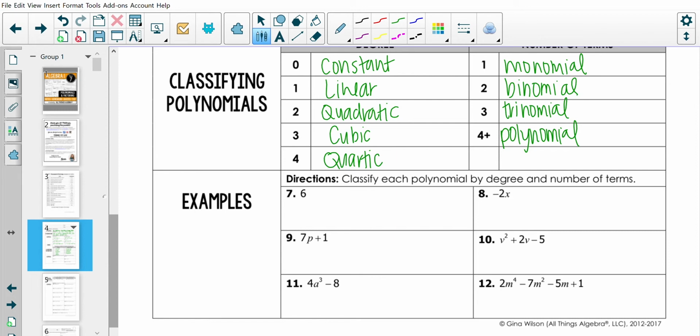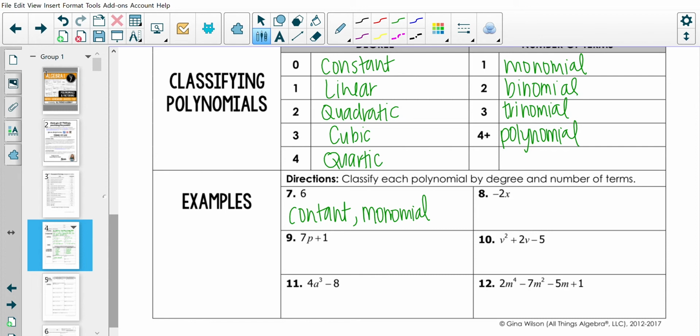We are classifying these. So it needs to have a degree and a number of terms. So what is my degree here? Constant. And my number of terms? Monomial. Constant.